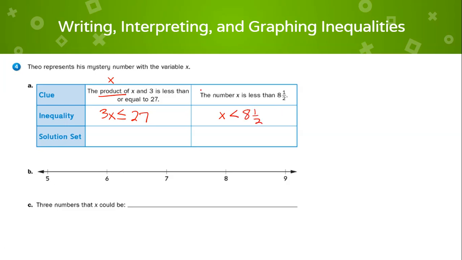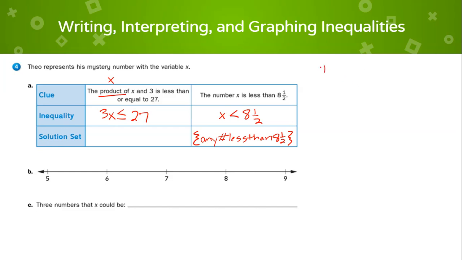Let's find our solution sets. Once again, the one on the right seems to be easier. For x, if x is less than 8.5, I want any number less than 8.5. That's pretty simple. Over here, I'm going to have to try some numbers because we have a little bit of work to do. 3 times x is less than or equal to 27.